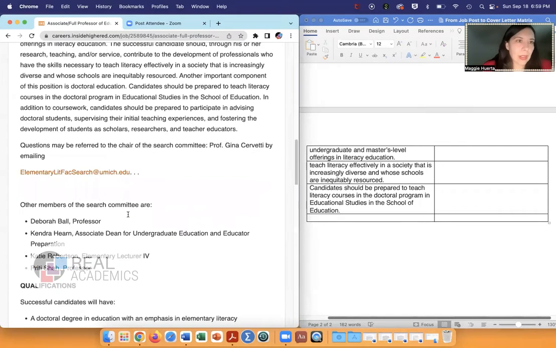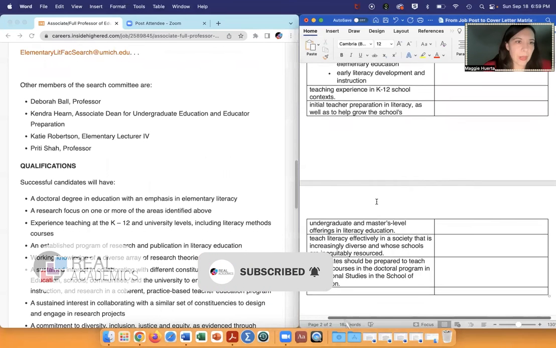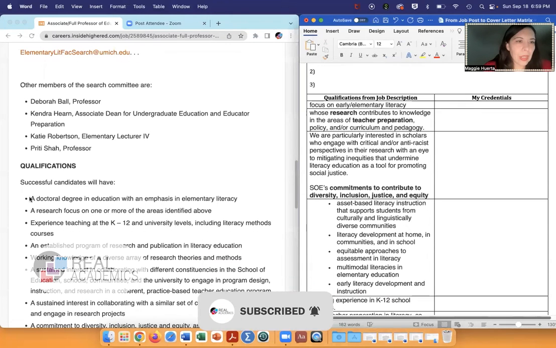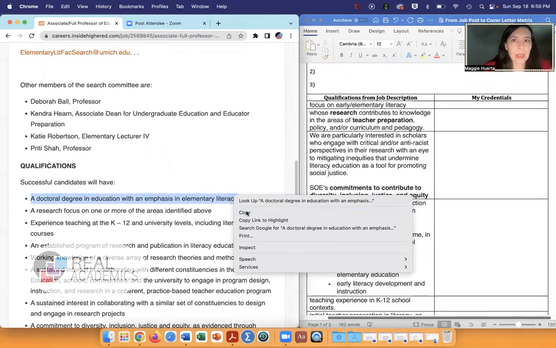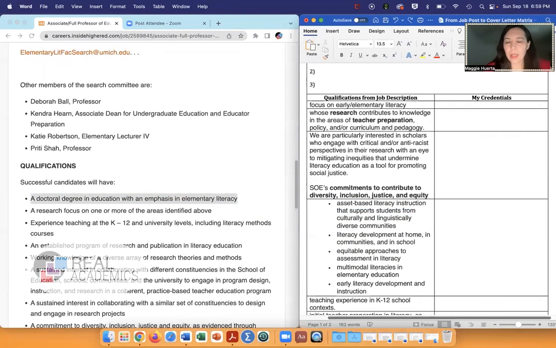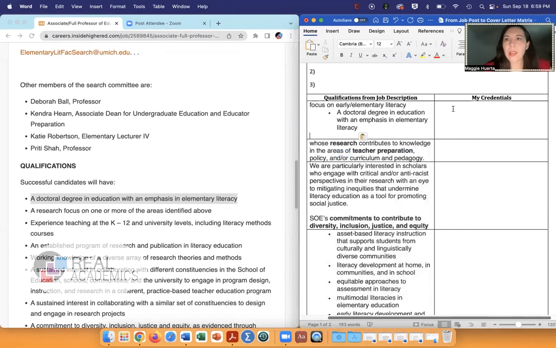So I could keep going because there are bullet points here. This is a nice summary. They say a doctoral degree in education with an emphasis in elementary literacy. That kind of goes up here with the literacy, the overarching thing, right? Now, I don't have a doctoral degree in literacy education.